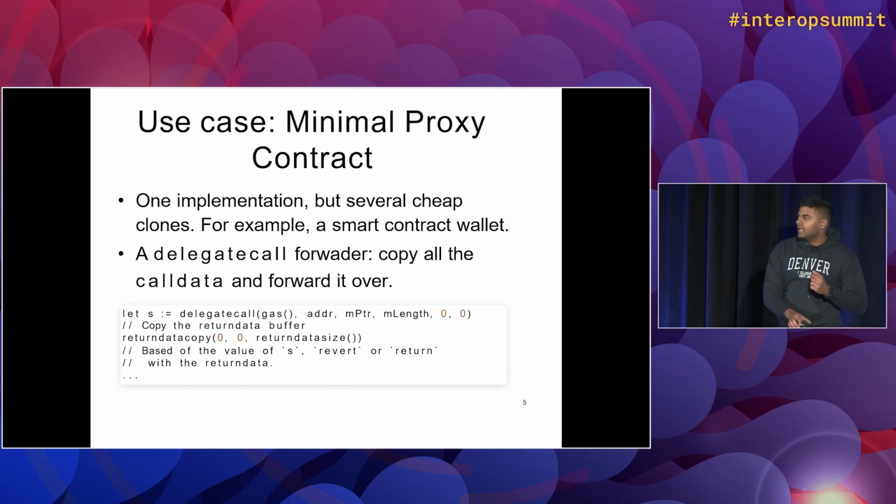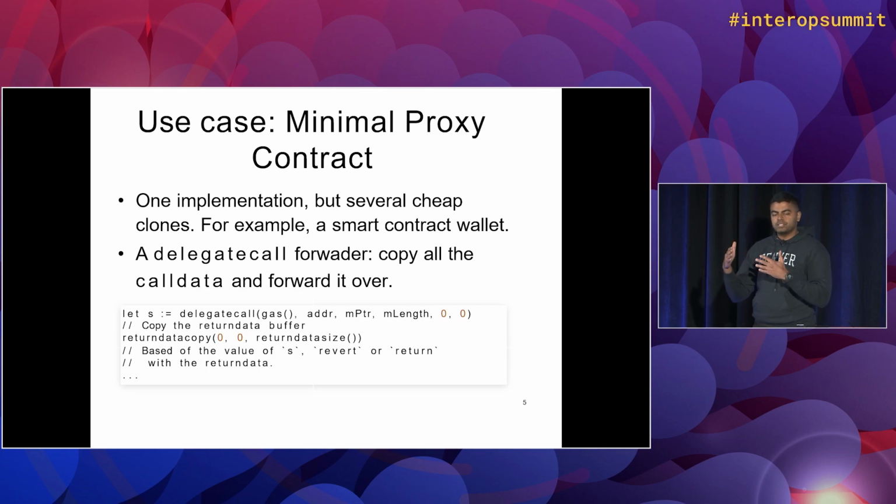As a more practical use case, there is an idea called a minimal proxy contract. The idea is that you want to create a proxy which just delegate calls whatever data comes to the proxy to an implementation contract.